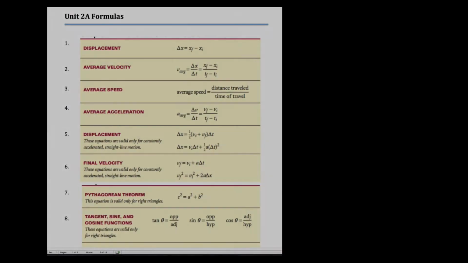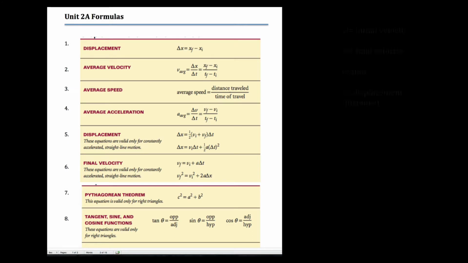Look at this formula chart. Do you see anything here that has an initial velocity, a final velocity, a time, and a distance given? We can only choose an equation that has the variables we were given.